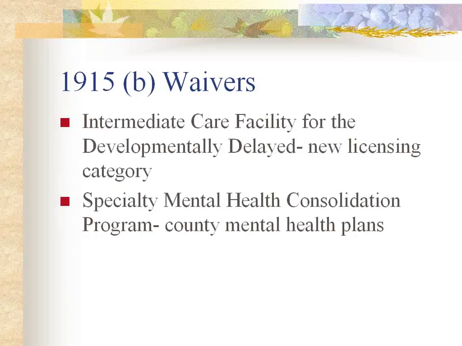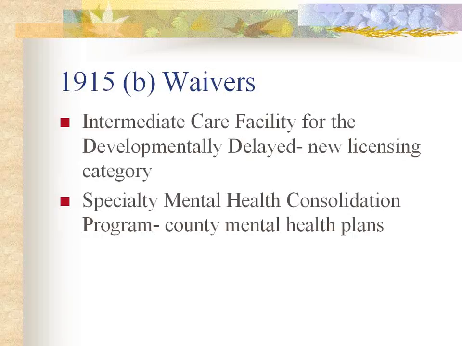Some of you might be more familiar with this waiver based on delivery of services, and that is to allow all Medi-Cal managed care mental health services to be provided through county mental health plans, as opposed to having to go through individual managed care plans for their mental health services.